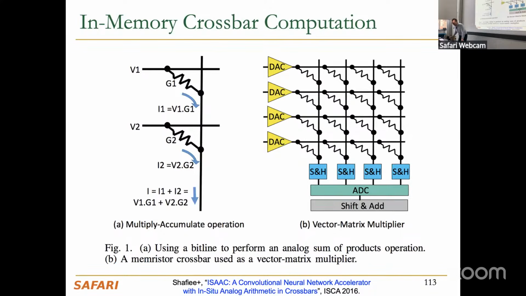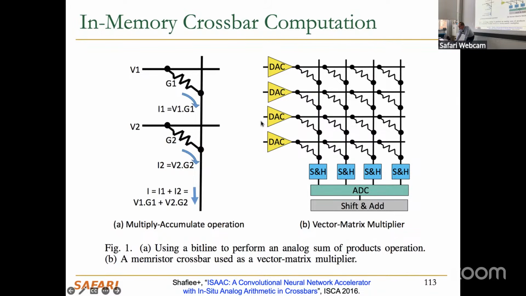Now you can generalize it. If you want to, let's say, multiply a vector of 4 inputs with a matrix of 16 inputs, this is what you would do. You supply the vector in the word lines, and bit lines will sum up the currents with the different columns of the matrix, okay?